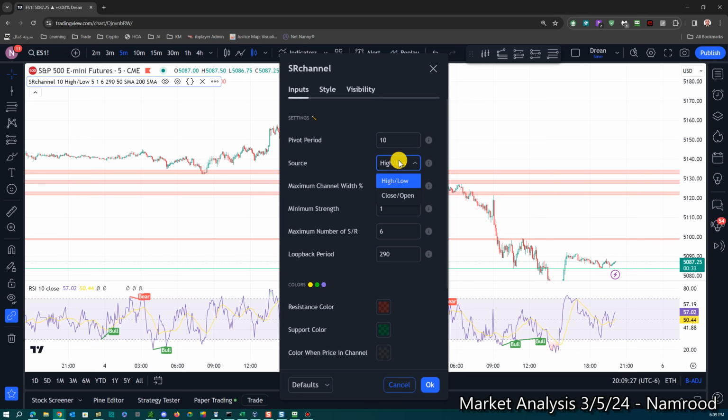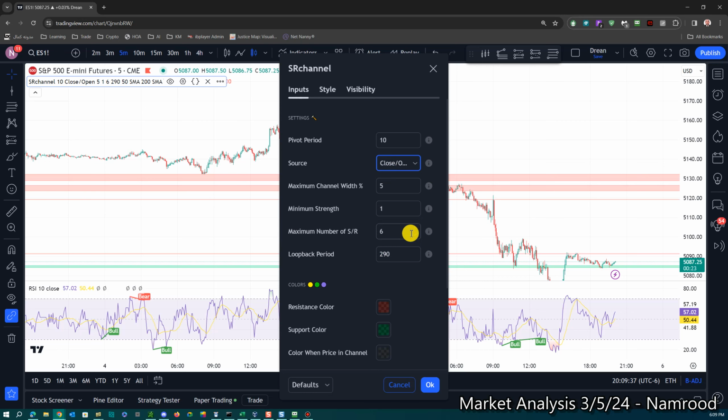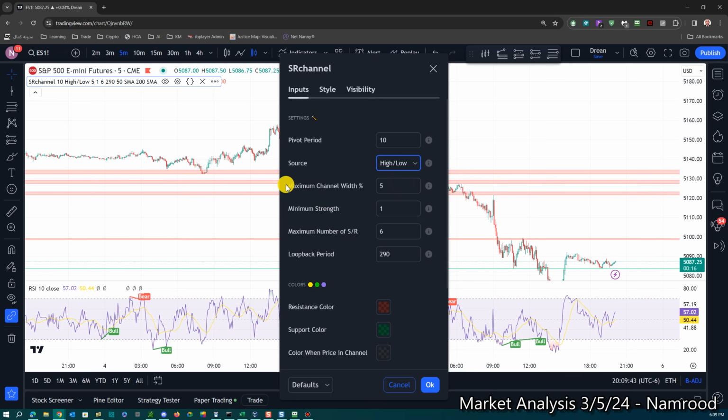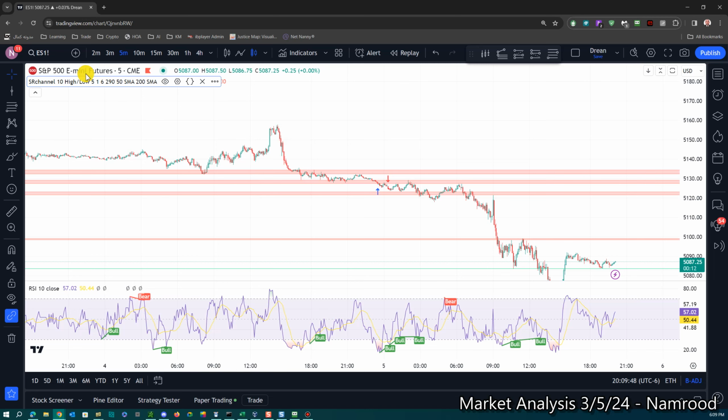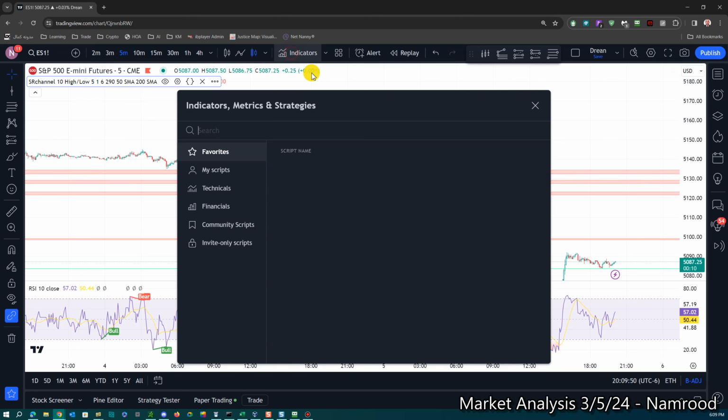You can either go between high and low, meaning that you consider the wicks, or open and close. You will find slight differences between both. Let's go with the standard. This is pretty much it. You can also put the volume.